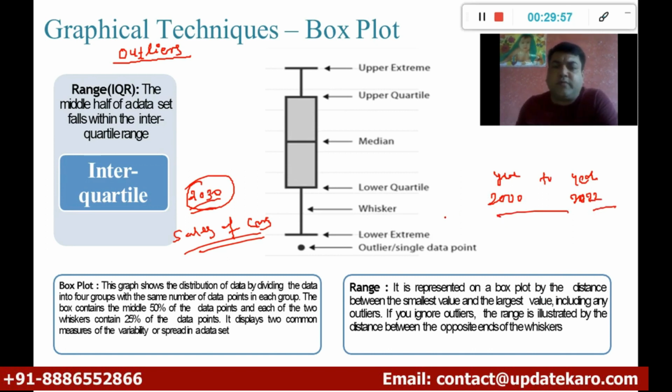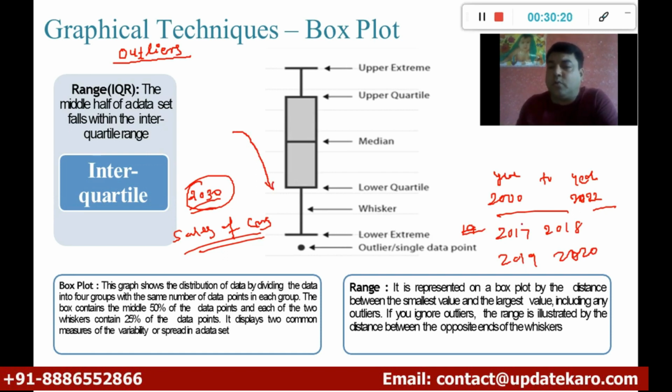Now all of a sudden you will find that from 2017, 2018, 2019, 2020, the sale of cars is taking a dip, it's going down only. Why is it happening?